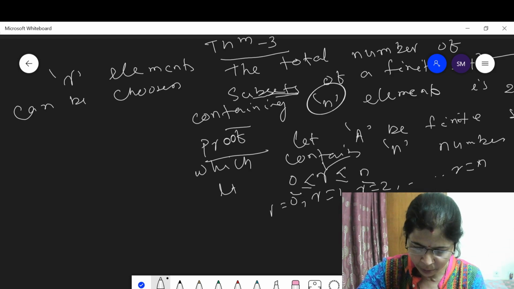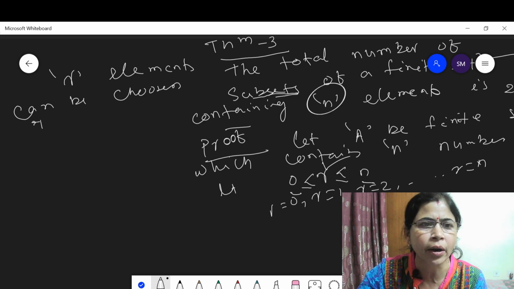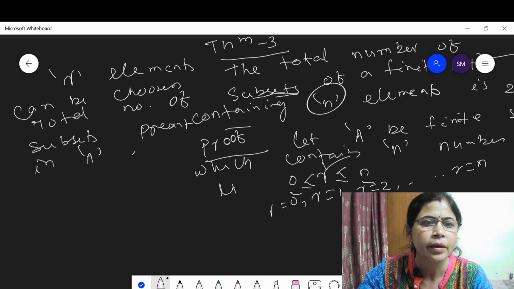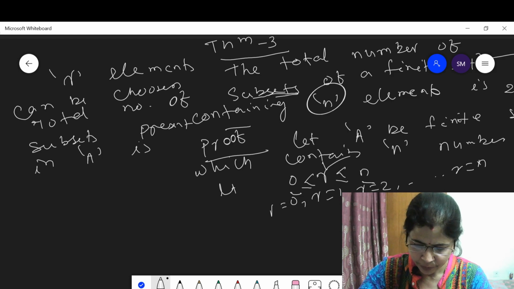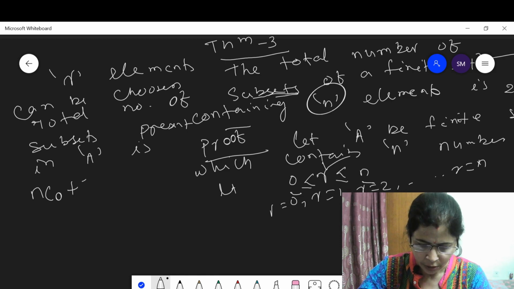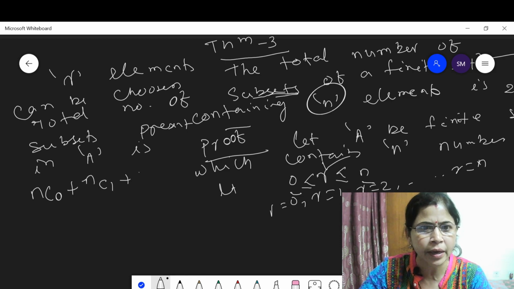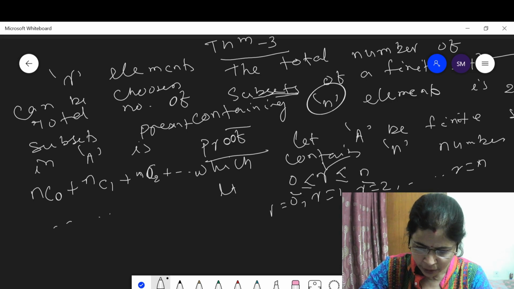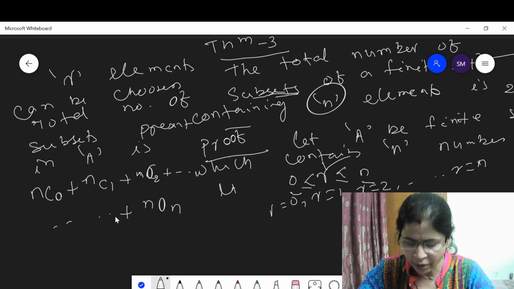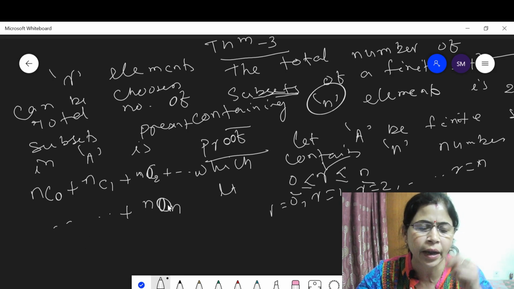Hence the total number of subsets present in A is denoted as nC0 plus nC1 plus nC2, and in this way up to nCn.